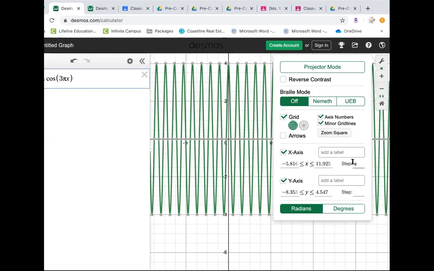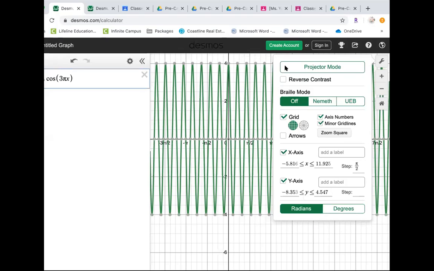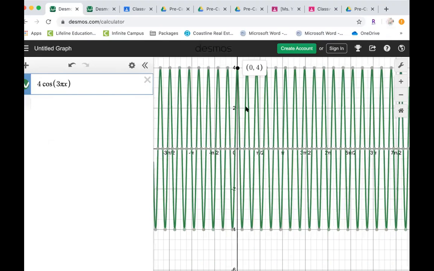So it went all the way up here and it went this much below.